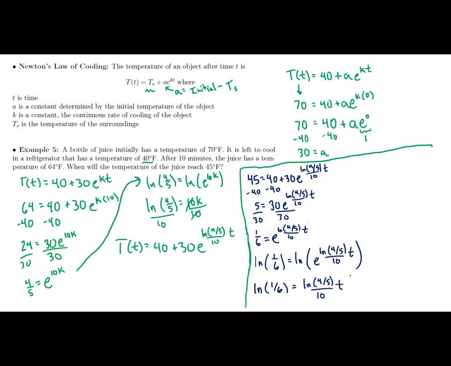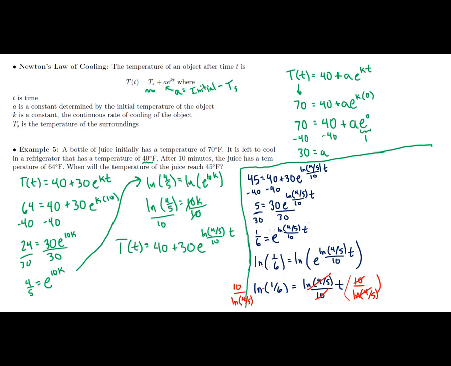So we multiply by the reciprocal on both sides to get that t all by itself. And while the solution over here on the left side is going to look like kind of a mess, we of course are going to be just interested in approximately what this is equal to.